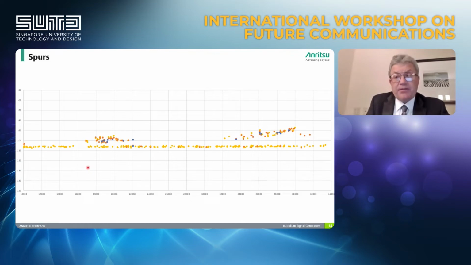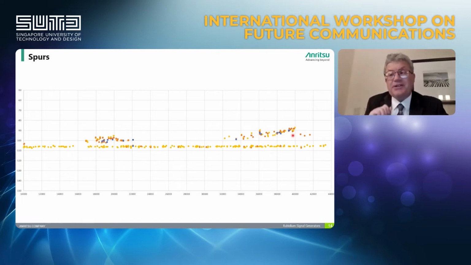Interestingly, this method works equally well for spurious suppression too. Here's a typical spurious performance, and you can see that typically we achieve spurs better than minus 100 dBc, which is a fantastic value, keeping in mind that we work in a very wide frequency range. We can see some anomalies here and there, but the numbers are still very low, below minus 90 dBc.